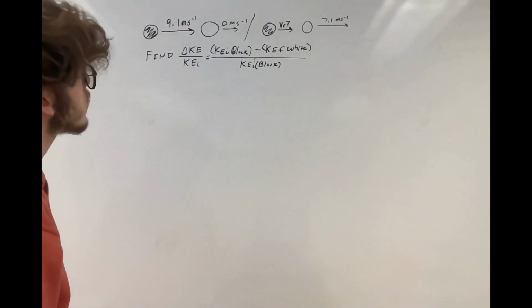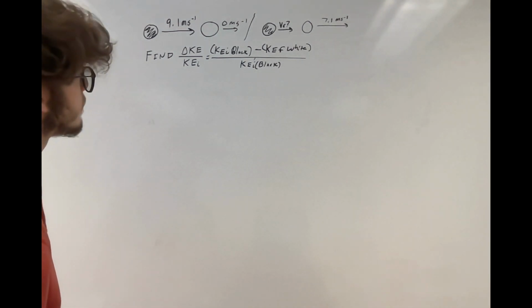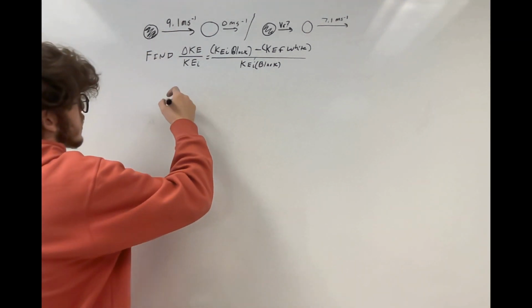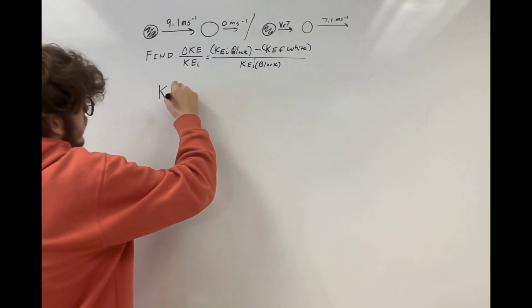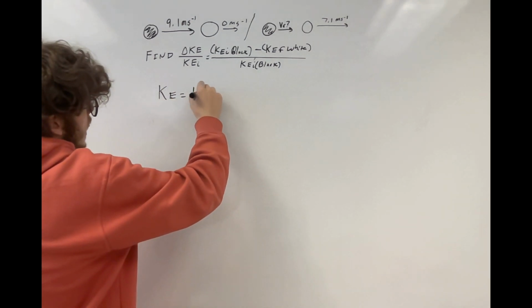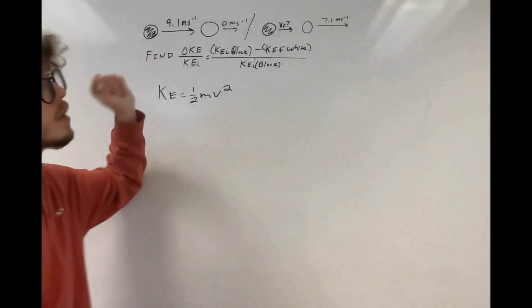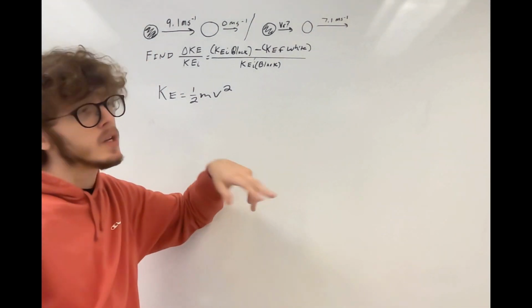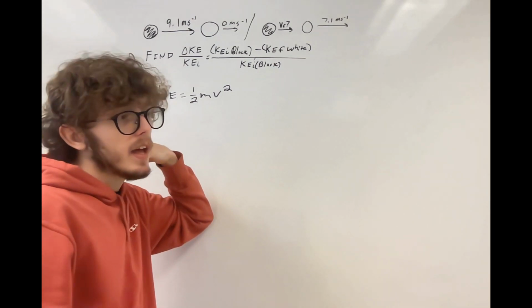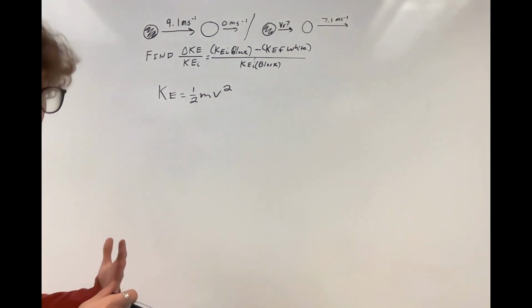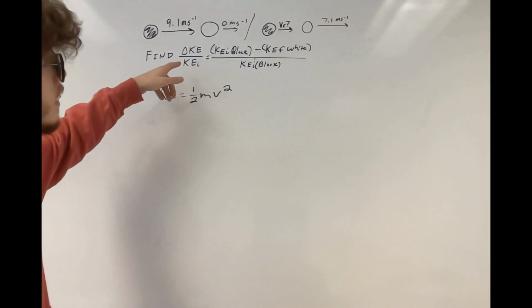What is the initial kinetic energy of the black ball? Well, we're going to set up an equation here that KE equals 1/2 mass velocity squared. We don't know the mass, but we're told that the two balls are the same mass in the problem. Mass is held constant, so it's not the end of the world.